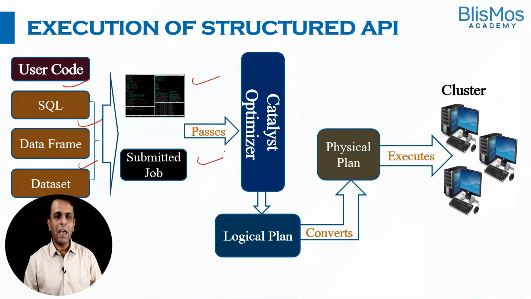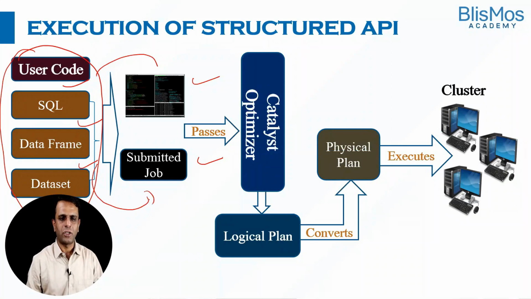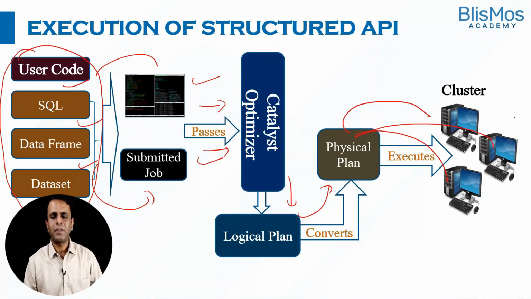So we have user code, submitted through a console or a submitted job, that is passed on to a Catalyst optimizer, converted into a logical plan, which is in turn converted into a physical plan. This physical plan is what gets executed across the different machines in a cluster. This is how the overall execution appears.